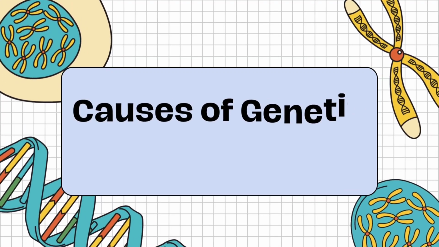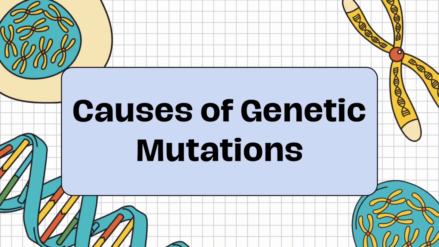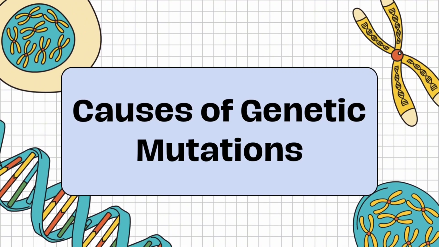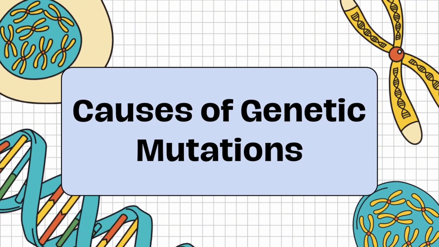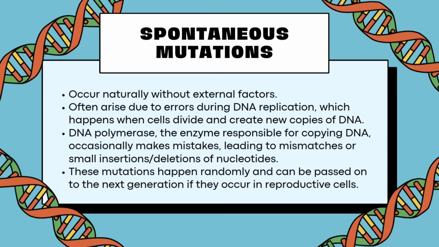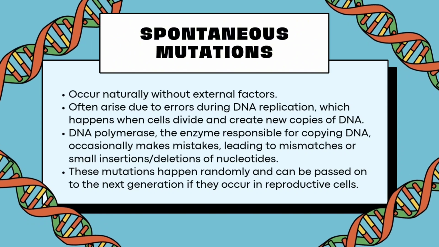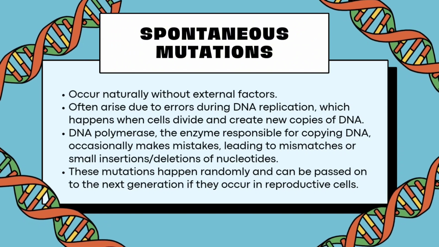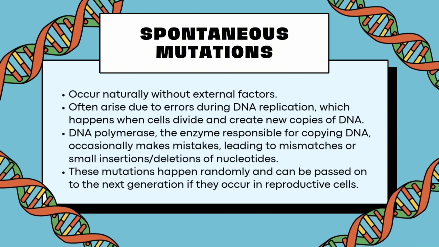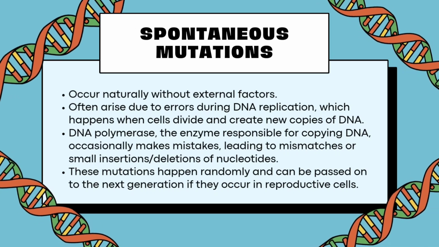Now let's dive deeper into the causes of genetic mutations, which can be categorized into three main groups: spontaneous mutations, induced mutations, and biological factors. Spontaneous mutations happen naturally, without the influence of external factors. They primarily arise during DNA replication, which occurs every time a cell divides.